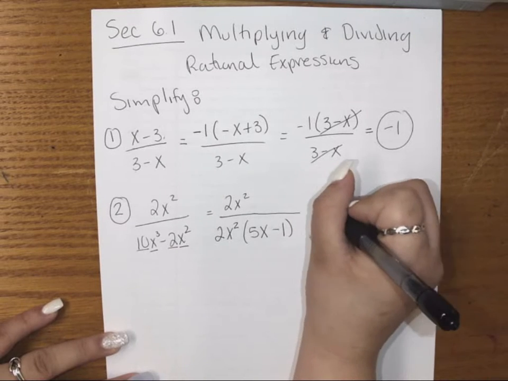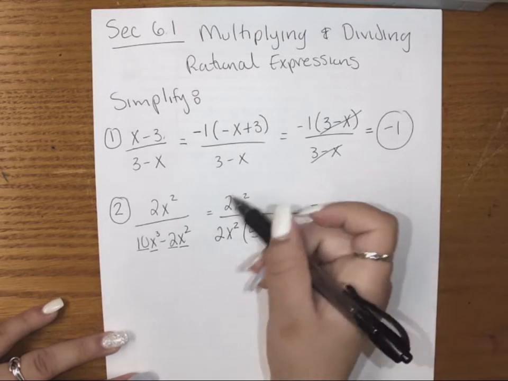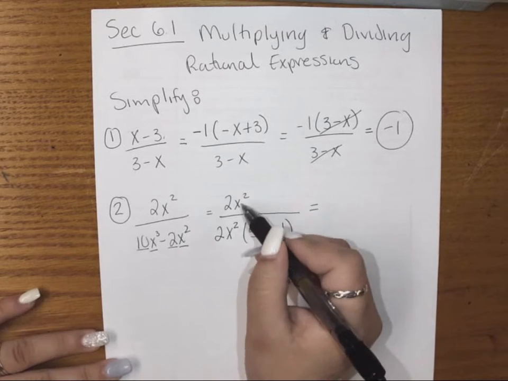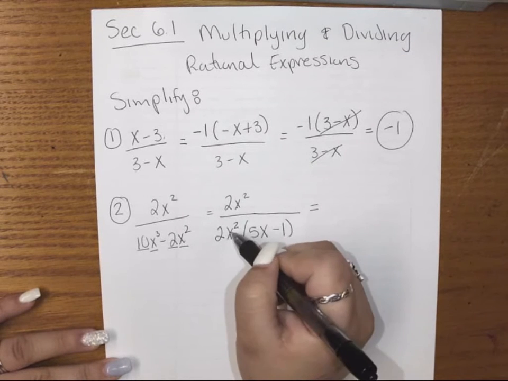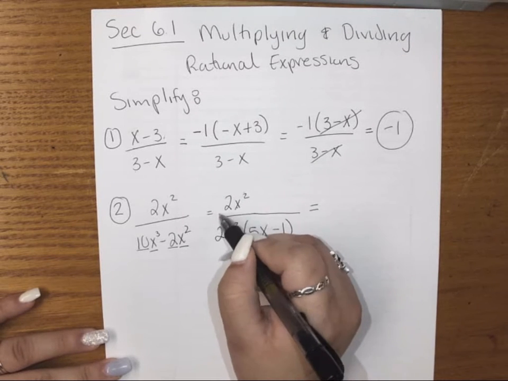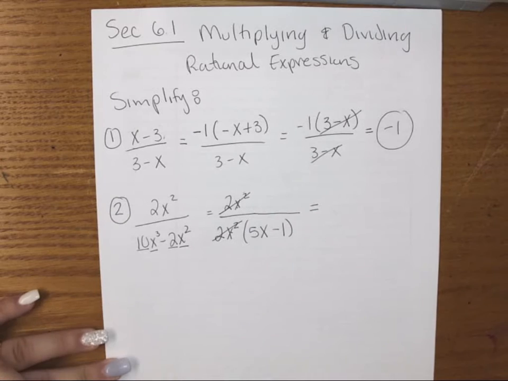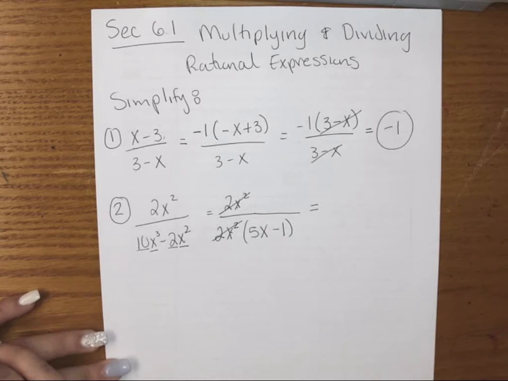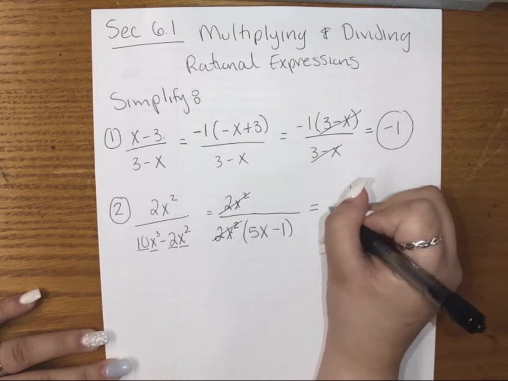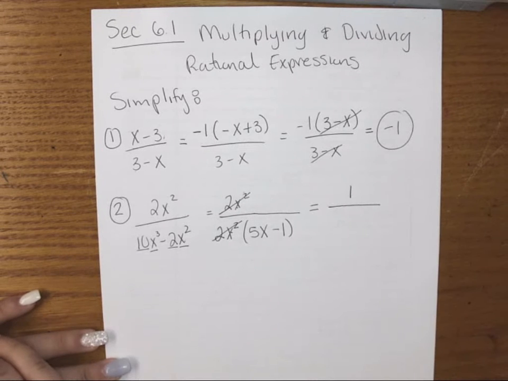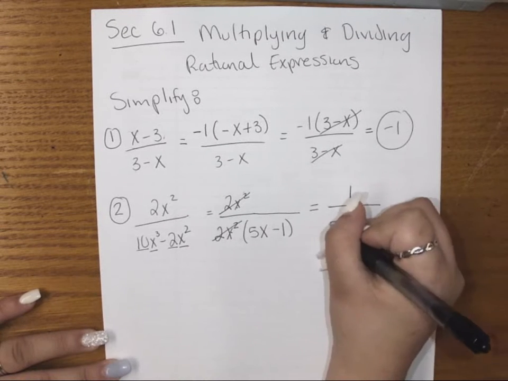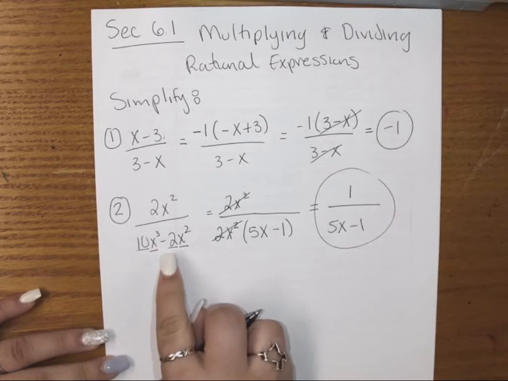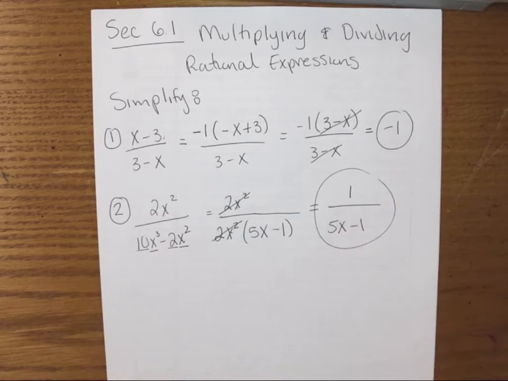Now it's completely factored, so we can start seeing if anything cancels out. We have 2x² on top and 2x² on the bottom. So you can see if we have it on top and bottom, they can cancel out. If everything cancels out from the top, that means we're left with 1. On the bottom, we're left with 5x − 1. So this rational expression simplifies to 1 over 5x − 1.